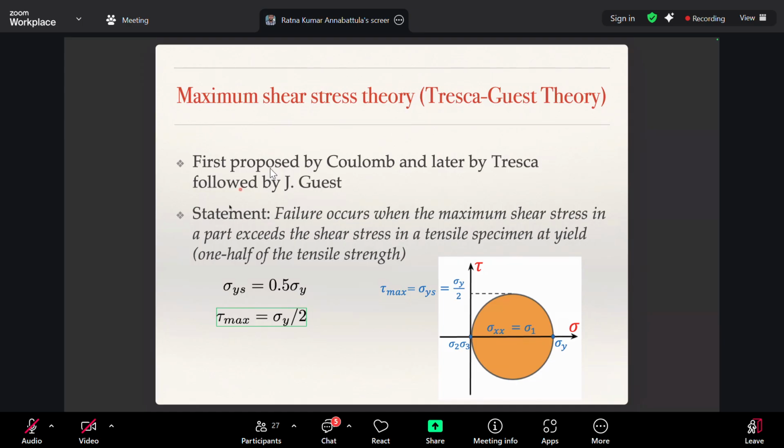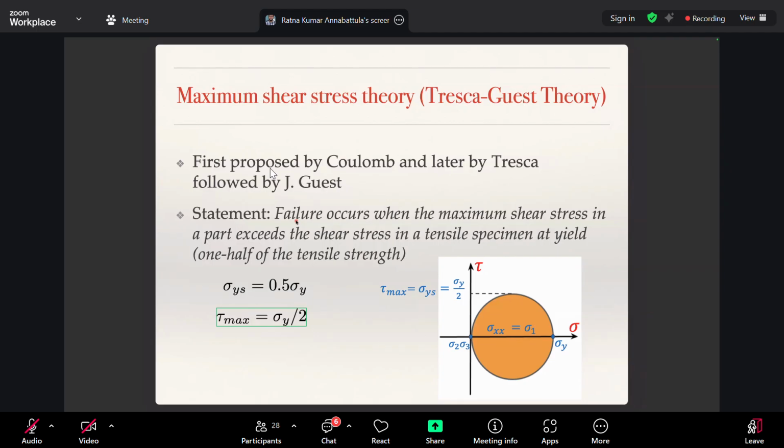So what does this theory say? It says the following: failure, which in this case means the onset of plastic deformation, happens when you are applying a three-dimensional state of loading in a component. At each and every point, you will have some shear stress.